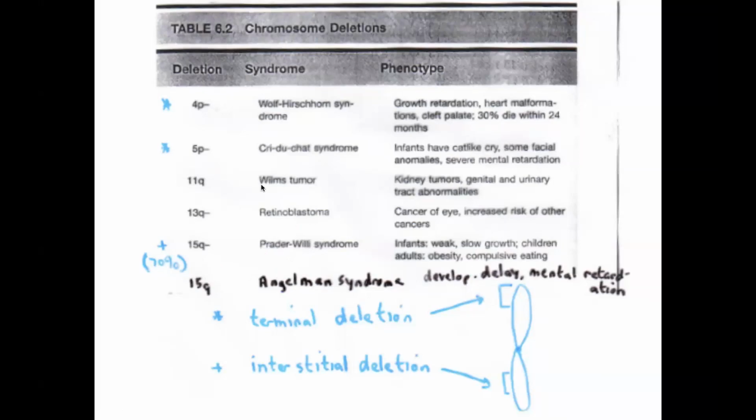All of these previous examples I've given you are what we call terminal deletions, the tips of the arms of the chromosome. An internal or interstitial deletion would be internal to the arm, so it requires 2 breakpoints instead of 1 to lose the deleted region of the chromosome. For Prader-Willi and Angelman, that interstitial deletion occurs near the centromere on the long arm of chromosome 15.